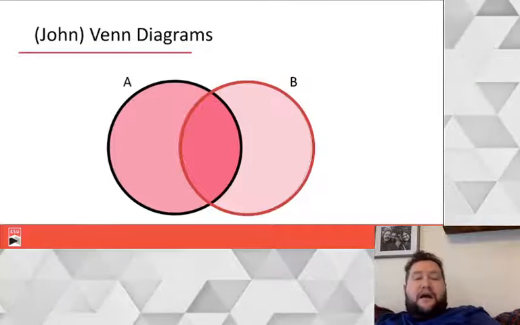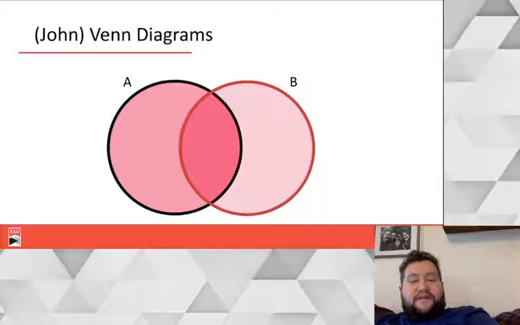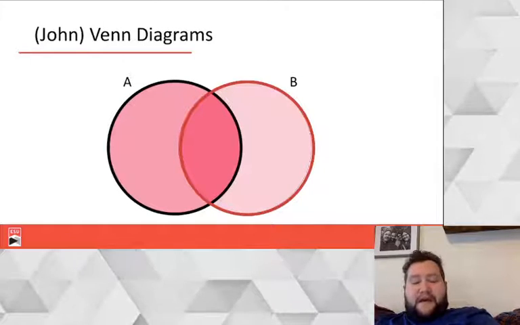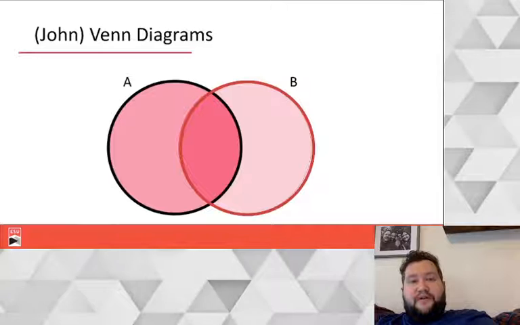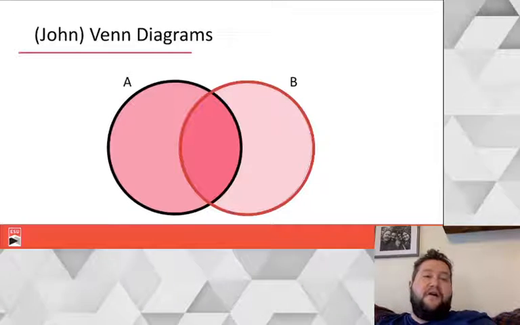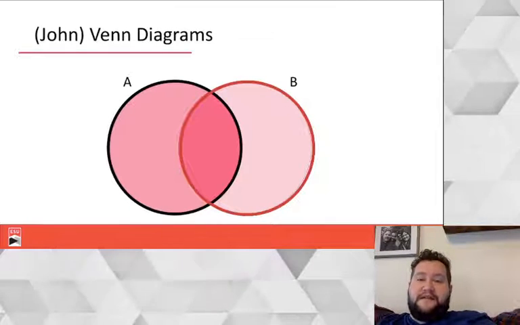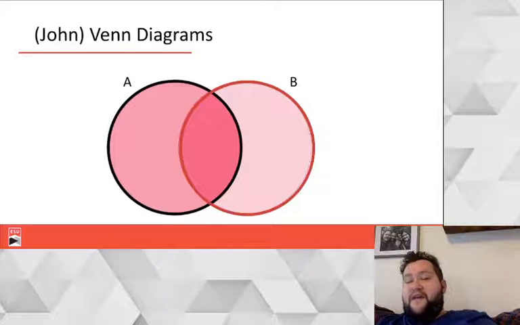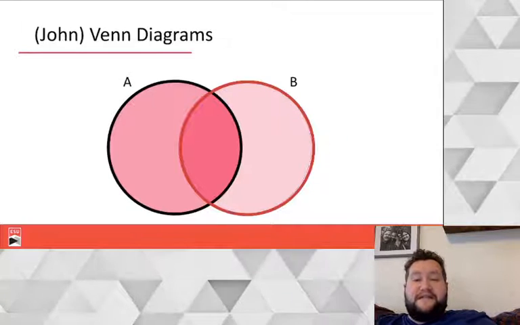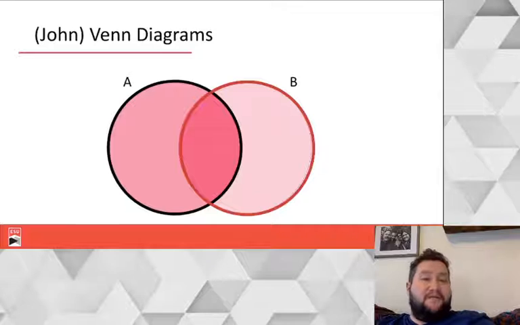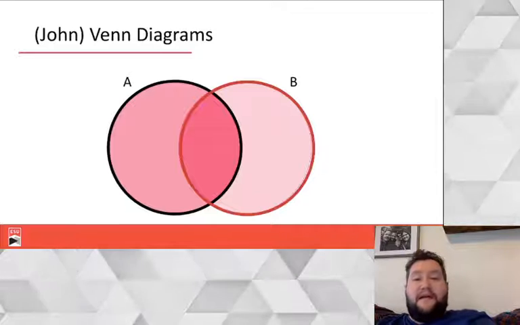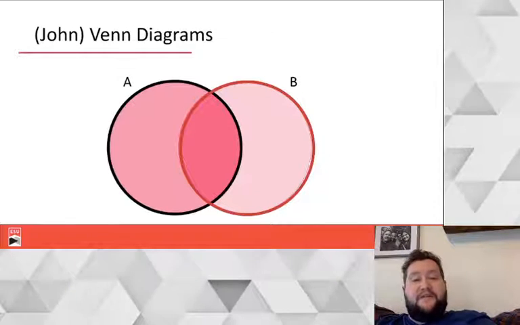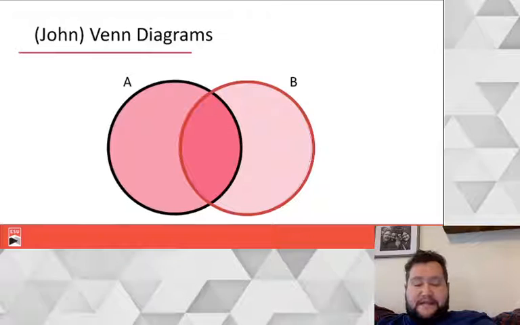And now, a useful way to show this, and I maybe already started that with my one example, are Venn diagrams. And so I'll call them John Venn diagrams because I think it's useful to remember that Venn diagrams haven't always existed. A long time ago, a man named John Venn came up with these diagrams to denote the relationships of sets.